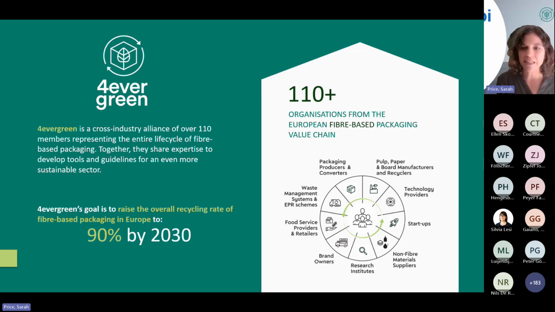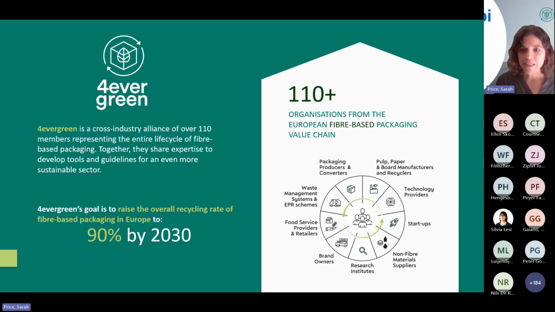So you can see in that nice diagram on the right side all the different segments, and our membership covers and represents different companies from within each of those segments. So by working across the value chain, we can share different insights and different expertise together within this alliance.